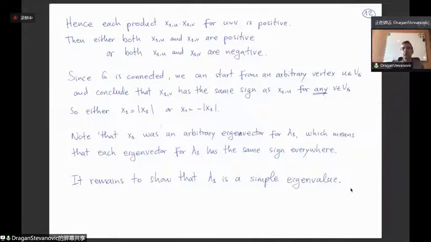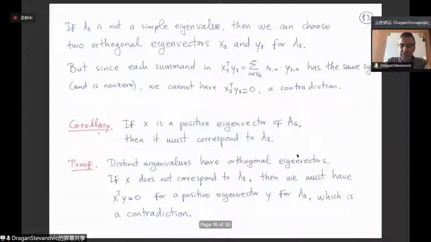So it remains, as one more step, to show that lambda1 is actually a simple eigenvalue. But now that we know that each eigenvector has the same sign everywhere, it is very simple. Because if lambda1 is not a simple eigenvalue, then we can choose two orthogonal eigenvectors, x1 and y1, and each of them is either all positive or all negative.